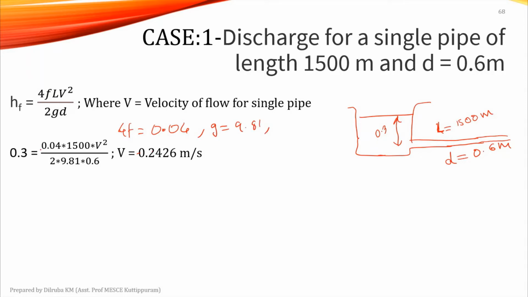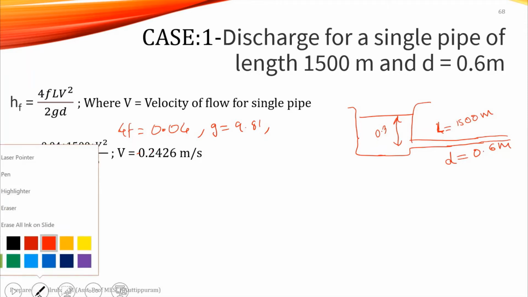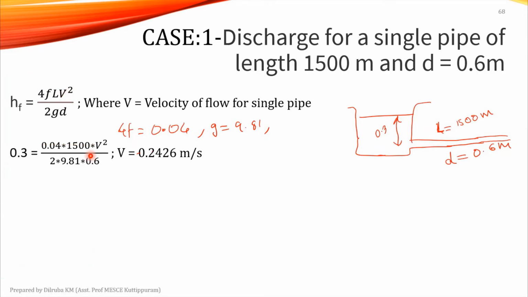So I'm just substituting all the values. 4F is 0.04 and L is 1500 and we don't know the V. 2g and D are known, and HF we just found is 0.3, that is inlet minus outlet head. So from this equation we can calculate velocity, and we know discharge is equal to area into velocity.